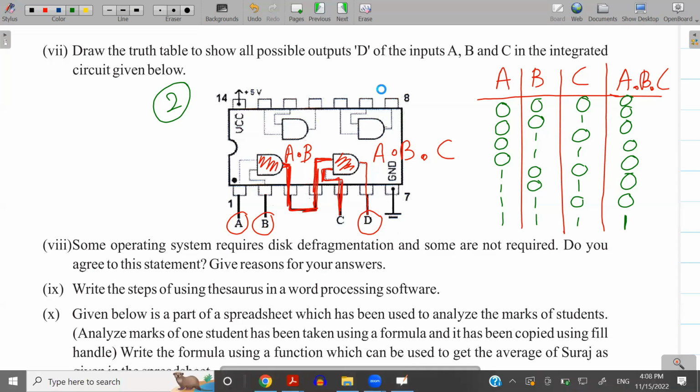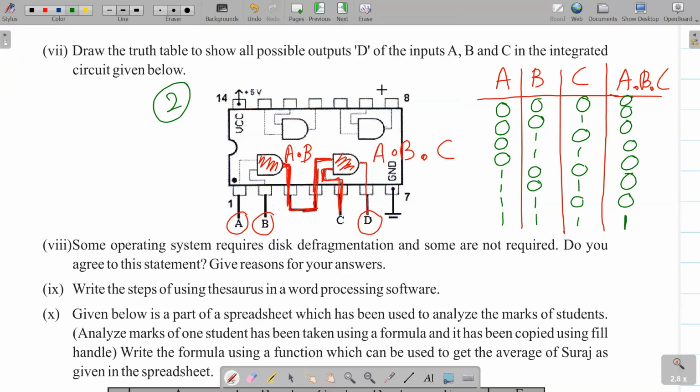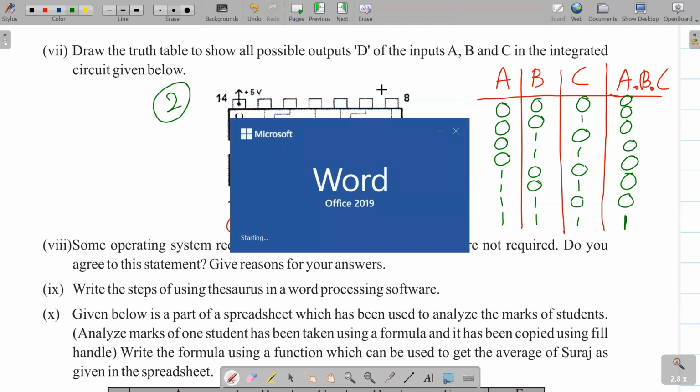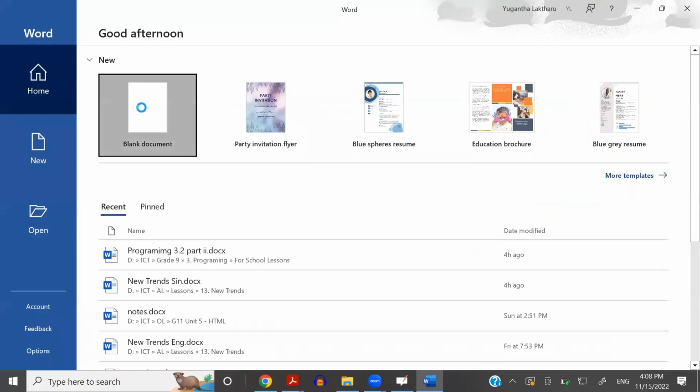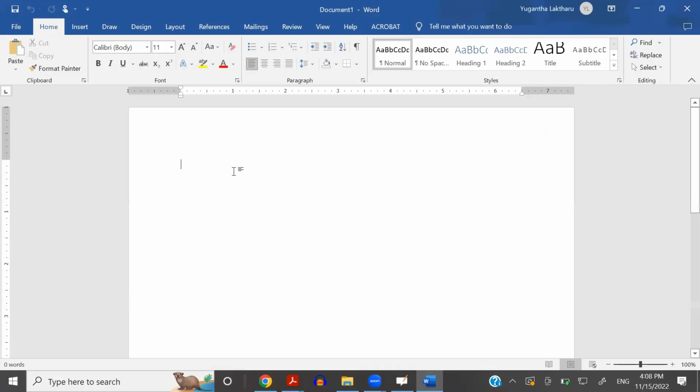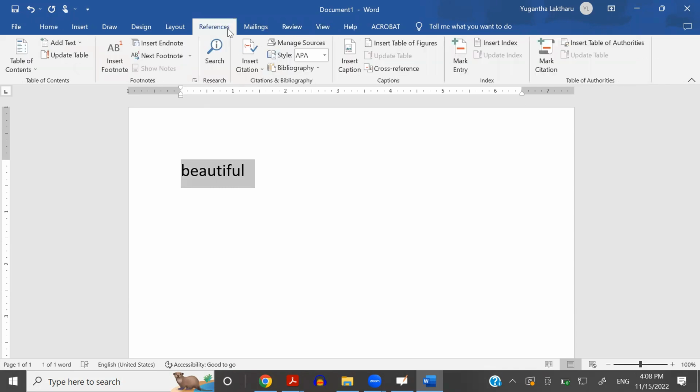In Word, if you type something, so let me increase the font size. So let's say I type beautiful. Once you select this, you can go to the references, as I remember. No, not the references.